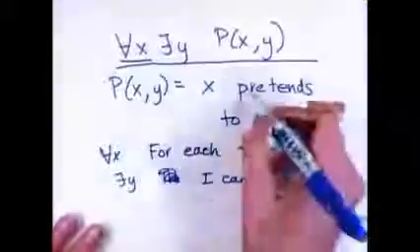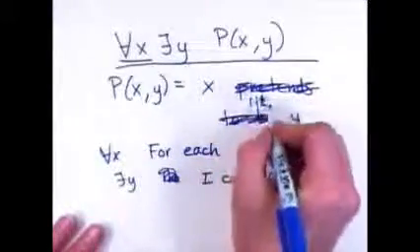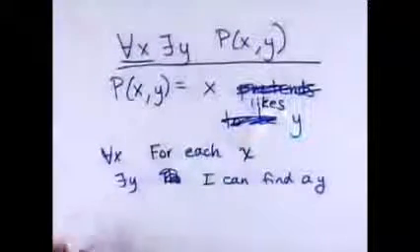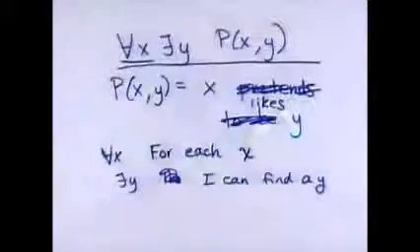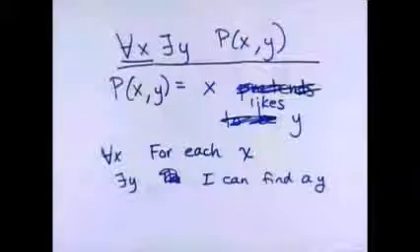Actually, let's make this simpler and change it from pretend to likes. Is that like saying every person has one and only one best friend? No, it's saying at least one.